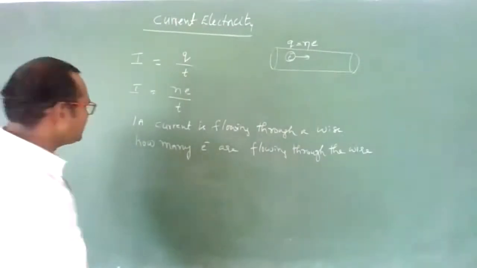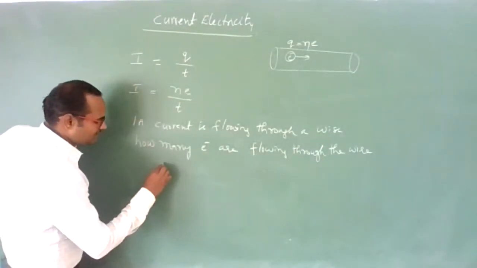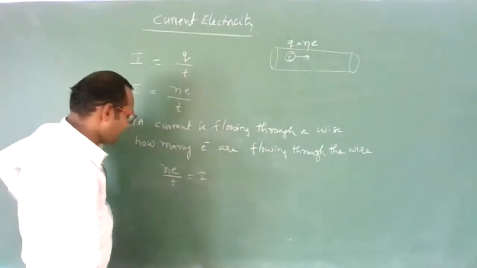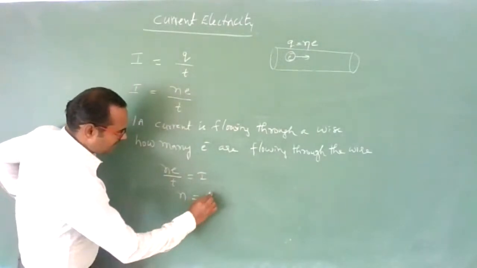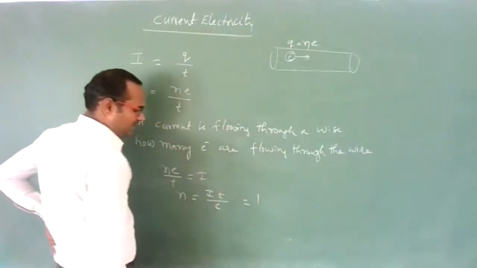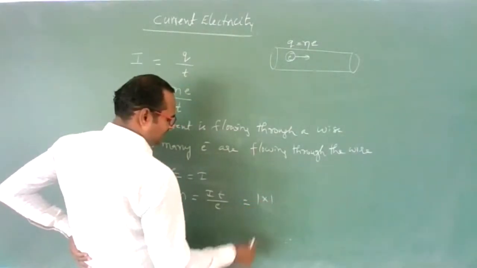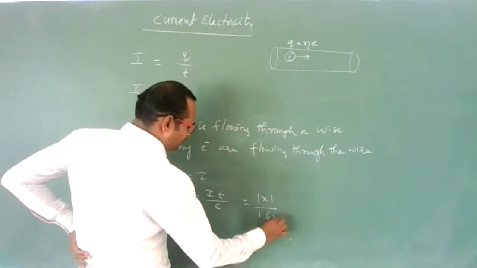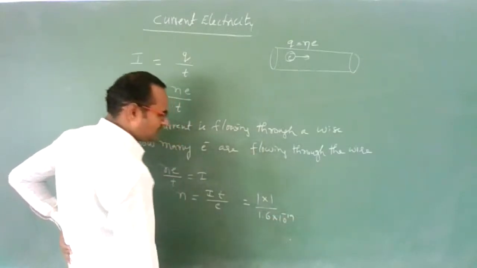See, current is nothing but Ne by t. Then n is nothing but I into t by e. Here the current is 1 ampere, it is flowing for 1 second, divided by the charge, 1.6 into 10 to the power of minus 19.